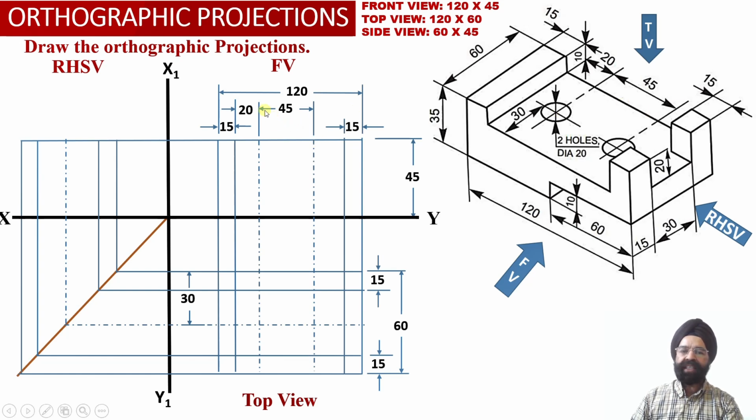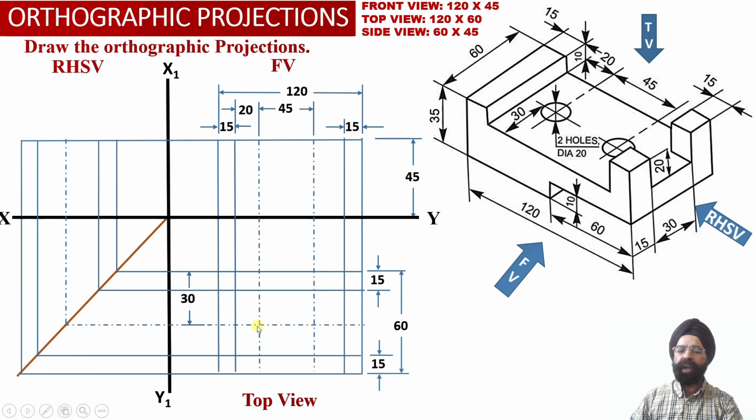So now at a distance of 45 millimeter towards the right hand side from the center location of hole number 1, the center of hole number 2 has been located. Again, a center line corresponding to hole number 2 has been obtained into the front view projections, and it has been appropriately extended into the top view projections as well. So the center point for hole number 2 has been located.